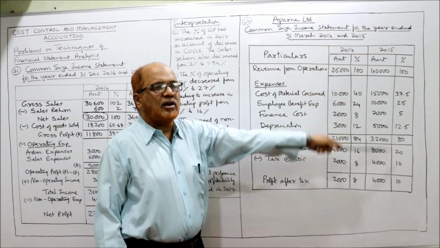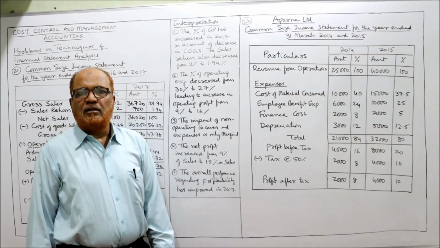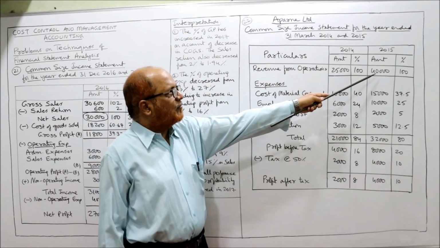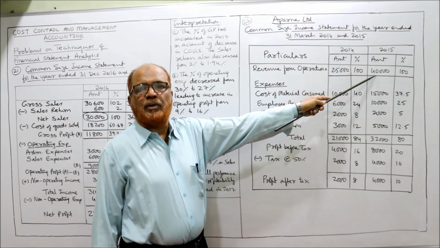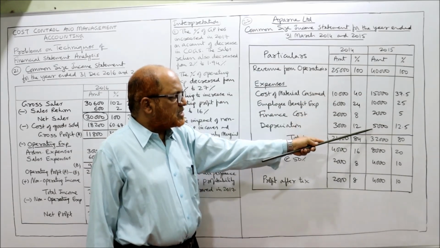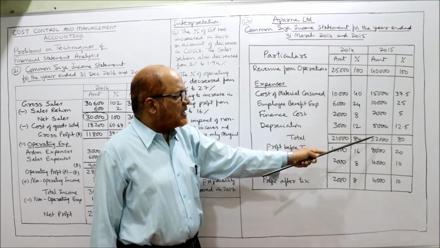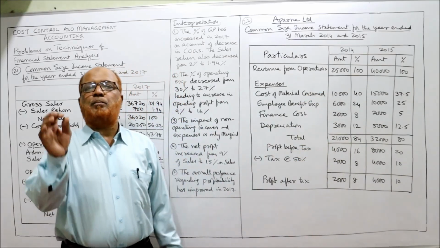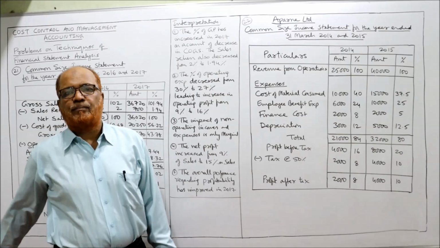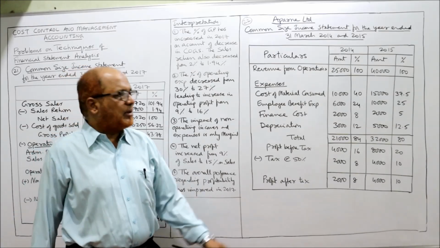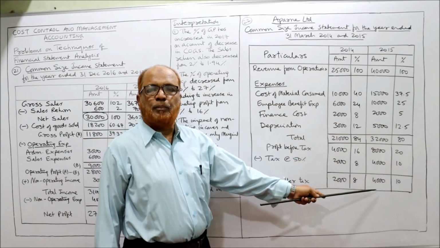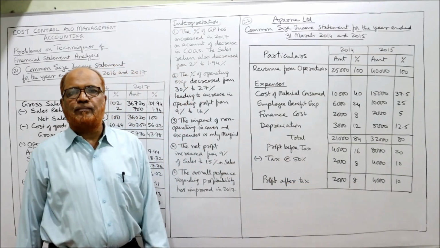Same way we continue for current year 2015. The figures are given in the problem. 40,000 is the revenue from operation. Then all expense values are given in the problem. Total expense 32,000. So 40 minus 32 is 8,000 profit before tax. 50% is the tax. 50% of 8,000, 4,000. The profit after tax is 4,000.